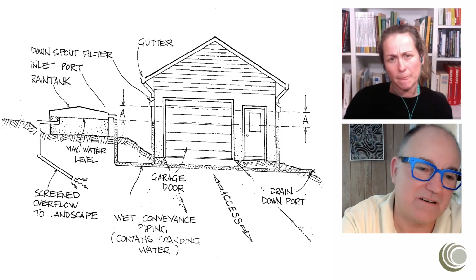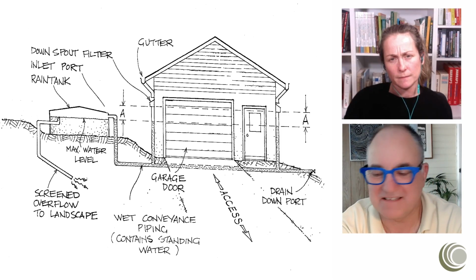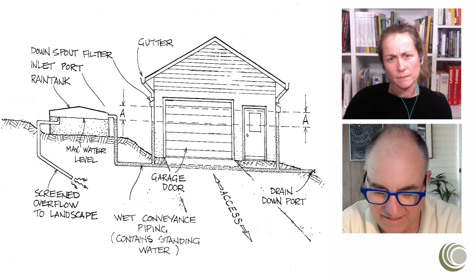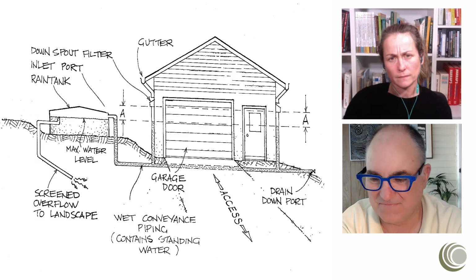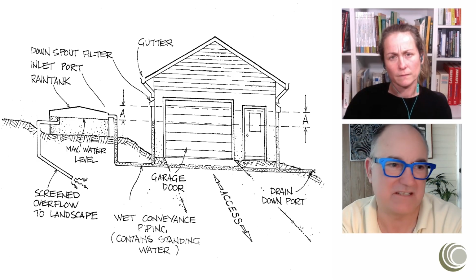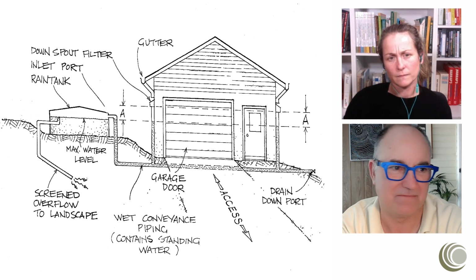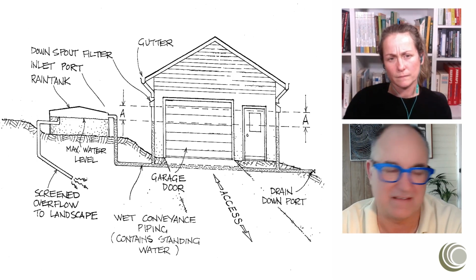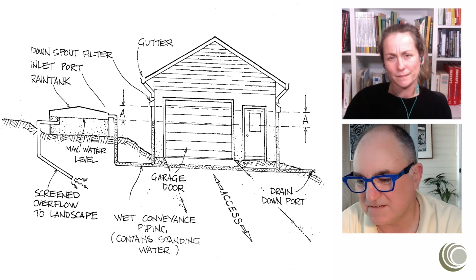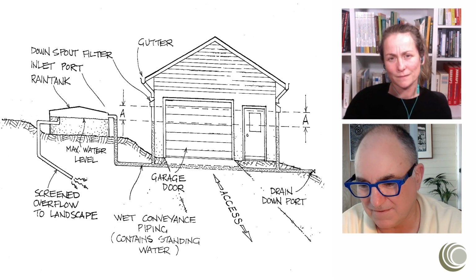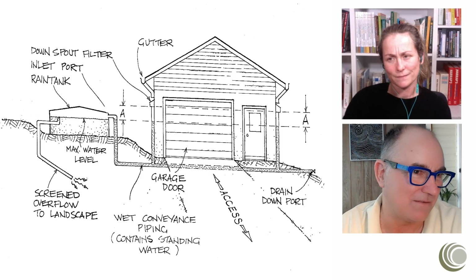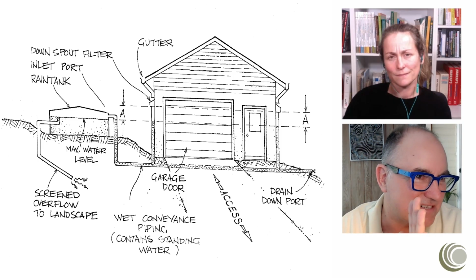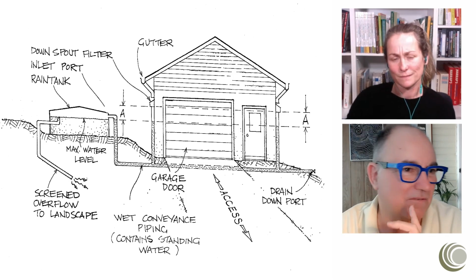So the rule of thumb we're getting to, Michelle, is that people who ask me here, provided the rainwater storage is reasonably close to their roof, less than 100 meters, and there's not a huge amount of bends in their pipes, we're saying to them, if the highest point, the bottom of the downspout filter, if you've got one, is 300 millimeters or more above the entry to your rainwater storage, it's probably going to work okay.